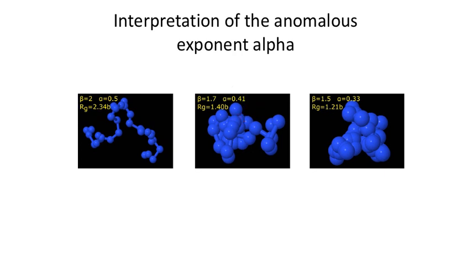And these changes in alpha are associated to a condensation of the polymer, characterized by a decrease of the radius of gyration from 2.1 to 1.21, showing that the polymer is condensed. So we conclude that alpha provides information about the level of condensation of the chromatin.